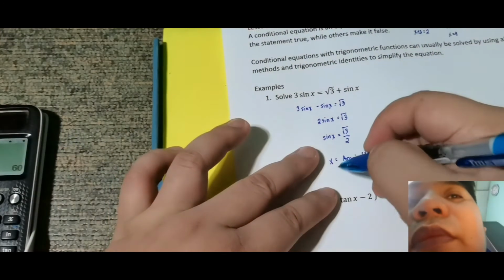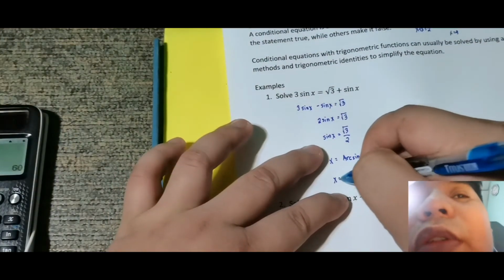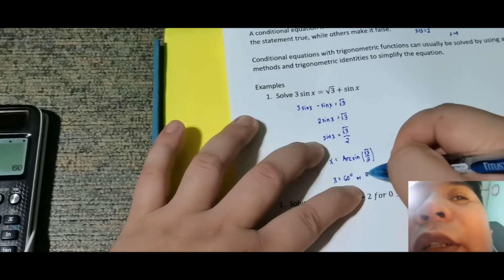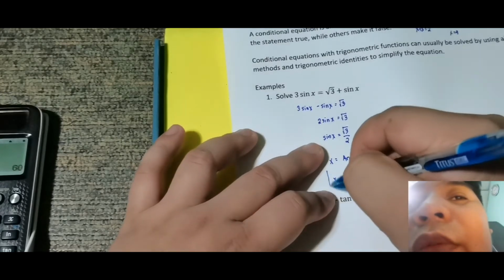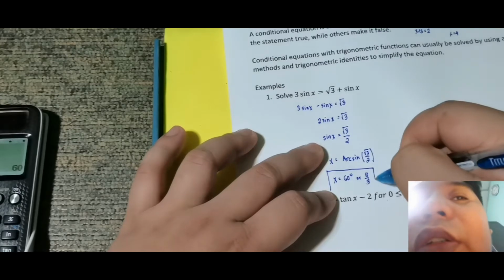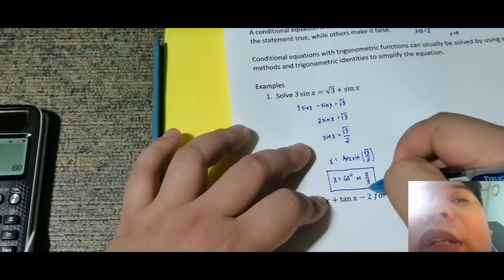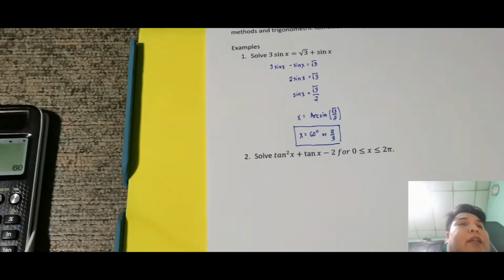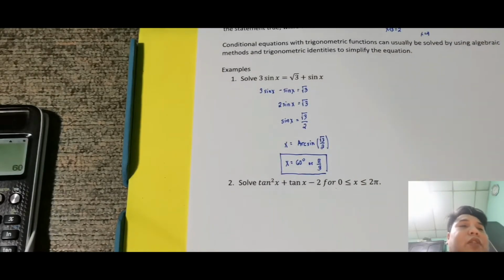Therefore, x is equal to 60 degrees or pi over 3 radian. Since wala naman sinabi kung radian or degrees tayo, pwedeng dalawa sagot mo, or pwedeng isa sa kanilang dalawa. Ganyan kasimple yung gagawin natin dito, kasi hinahanap natin yung value ng x.